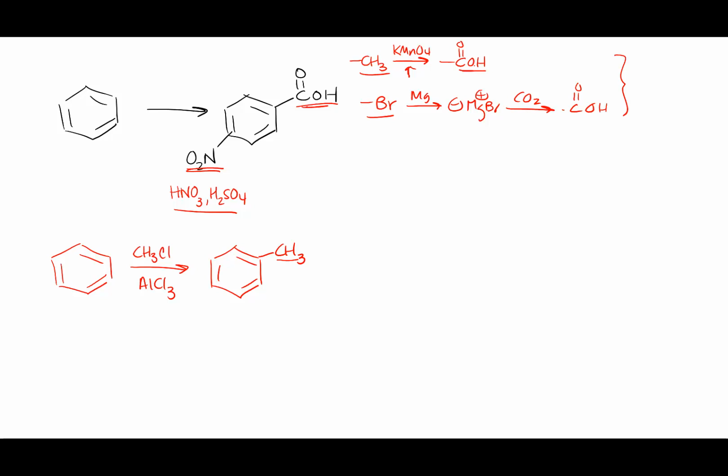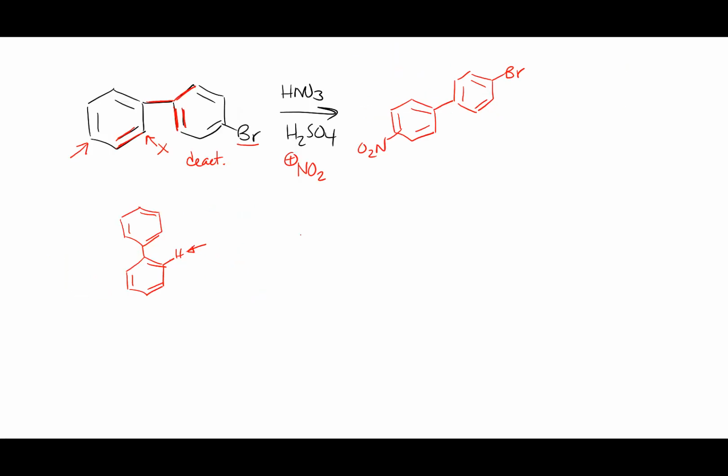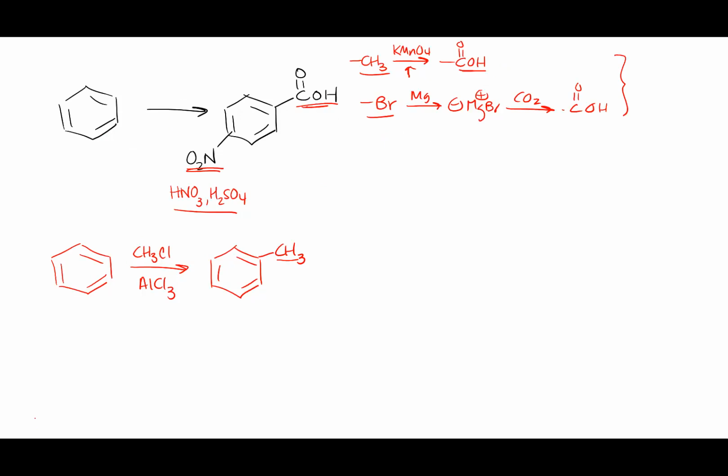But what I want to do at this point, since it's an ortho-para-director, is go ahead and add the nitric acid, sulfuric acid, to put the nitro group on, and the methyl group is going to direct into the para position.